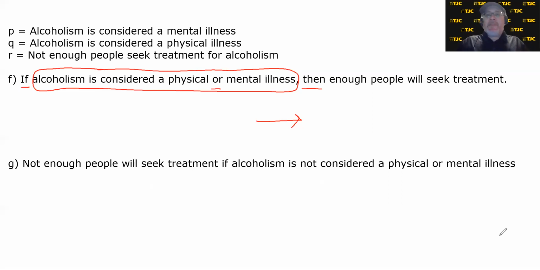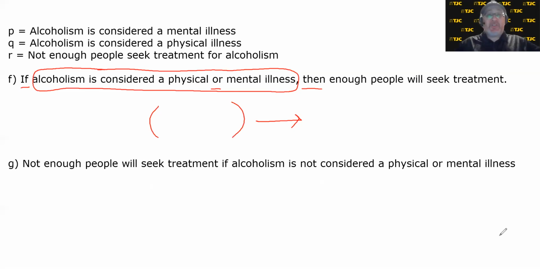Let me say that again. If you have a compound statement inside another compound statement, the first one goes in parentheses. The circled compound statement, alcoholism is considered a physical or mental illness, is inside the if-then statement, which means it will go in parentheses. Now let's translate that statement.